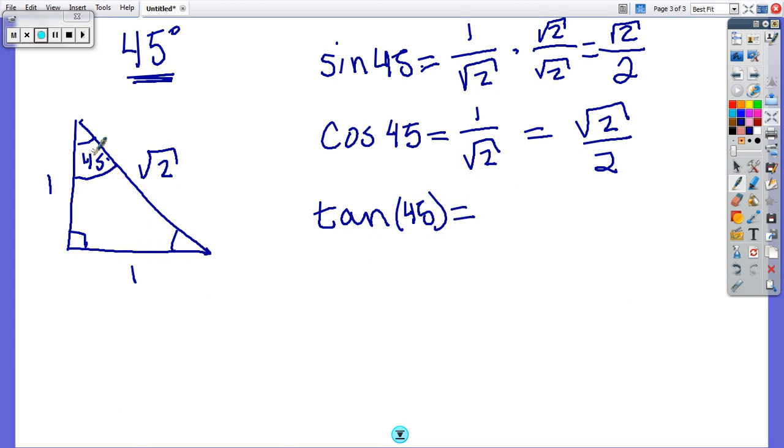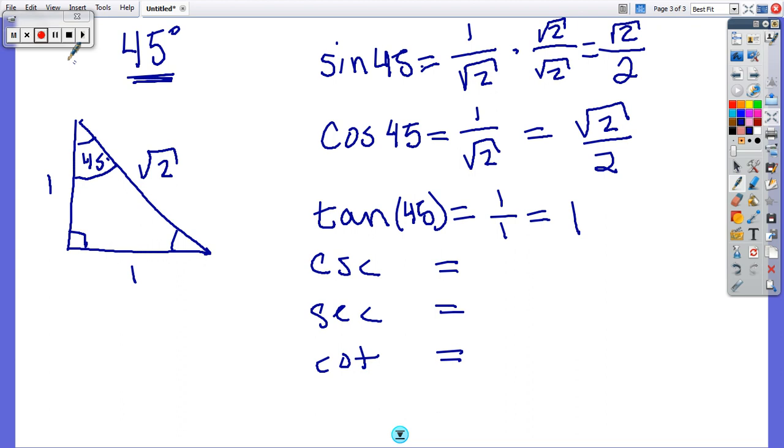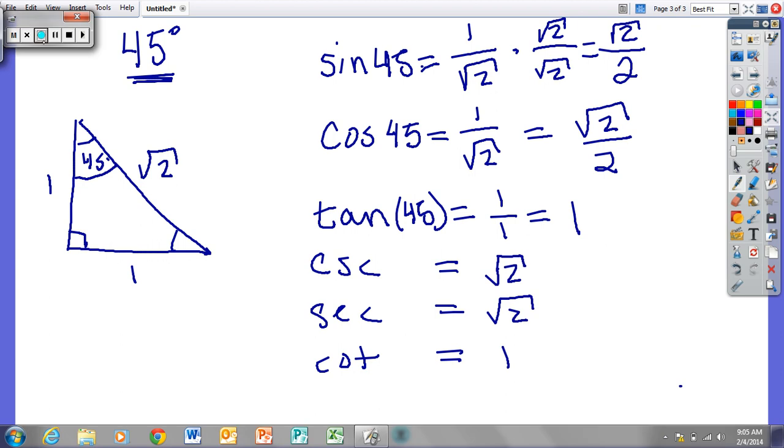Tangent is opposite over adjacent. So this one's pretty easy. It's just 1 over 1 or 1. Now I want you to find cosecant, secant, and cotangent, all of 45 degrees. Hopefully you got these for answers.